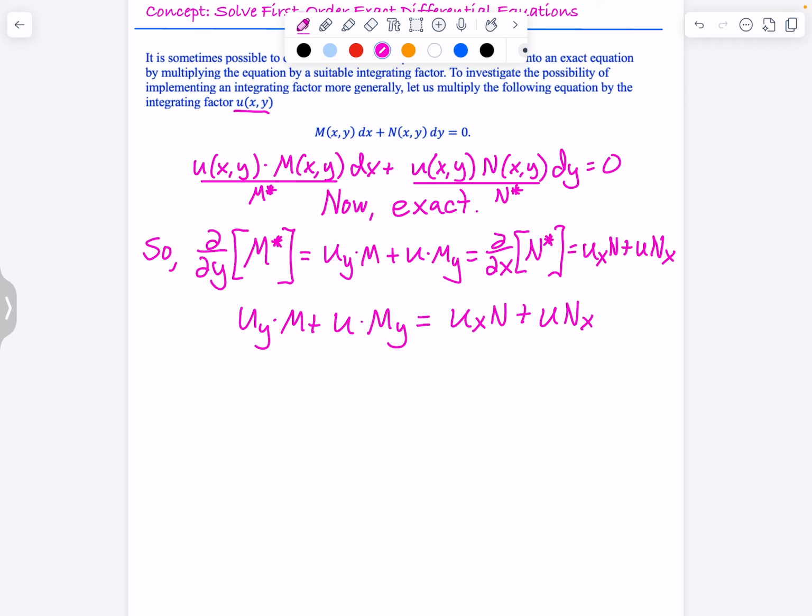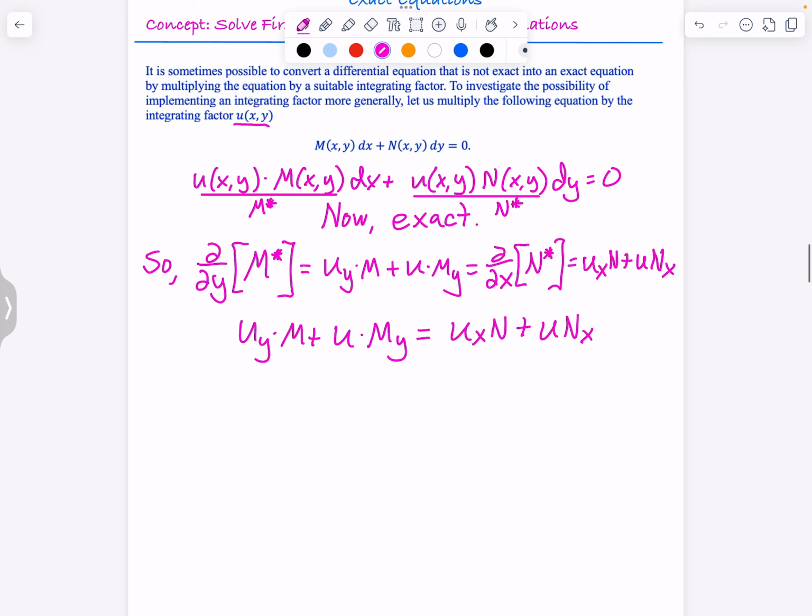Now, right here, we're kind of stuck. We're going to have to make an assumption, and we're going to make this assumption later as well, and we'll get two equations from this. So I'm going to assume that u of xy is really just in terms of x.